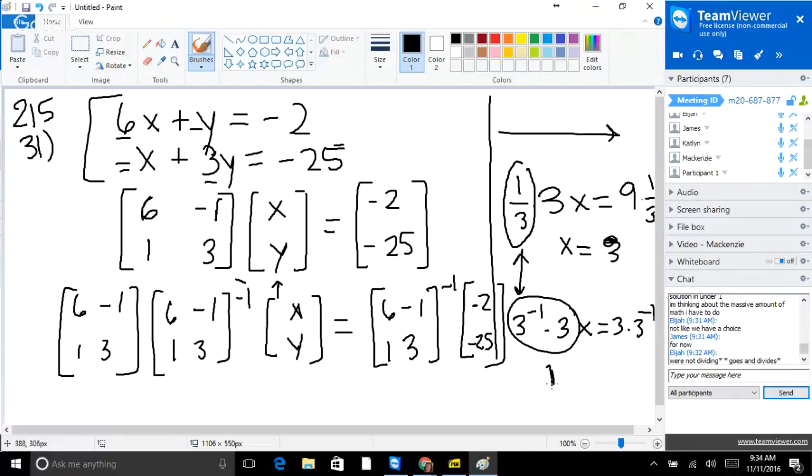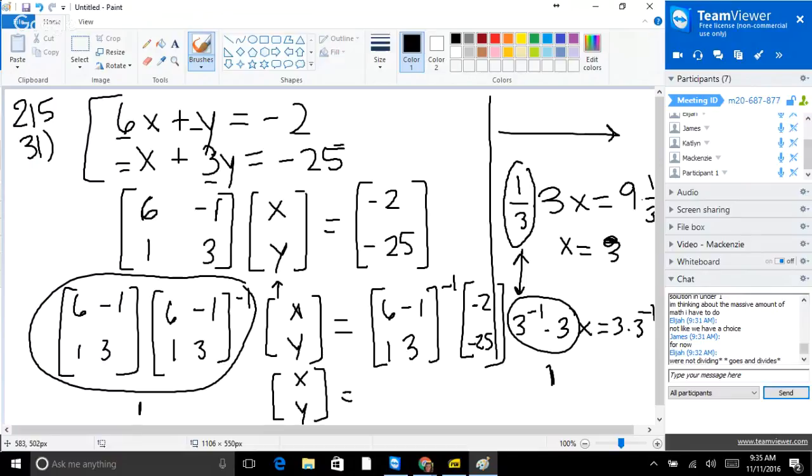Well, when you multiply a matrix by its inverse, you also end up with 1. So we're left with x and y equals the inverse of our original matrix times the end result.